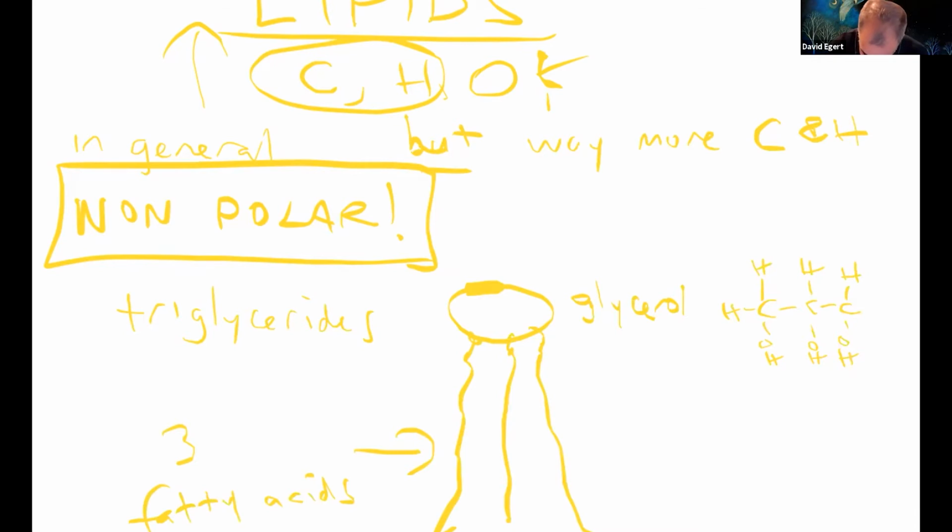Each fatty acid has a carboxyl with these big hydrocarbon chains hanging off the bottom.